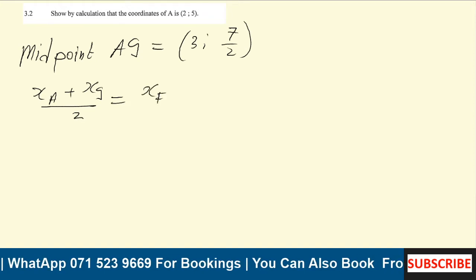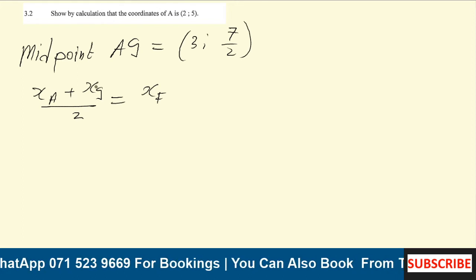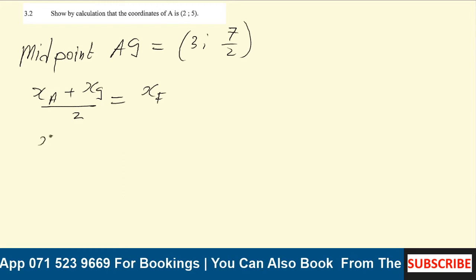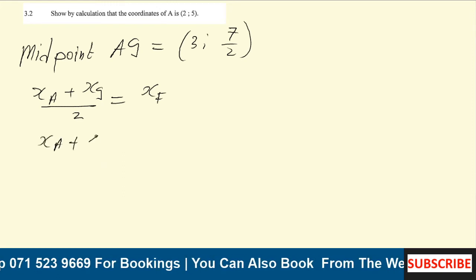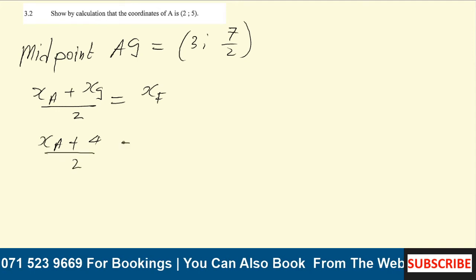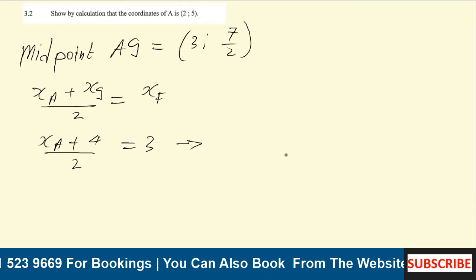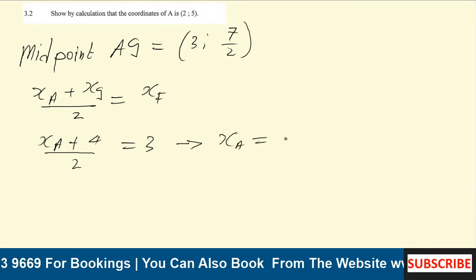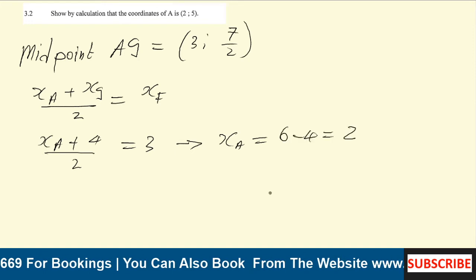Then we're going to substitute the coordinates of G and the x coordinate as we know them. x at A plus 4 over 2 equals 3. Now this whole thing gives us x at A to be equal to 6 minus 4, which is 2.